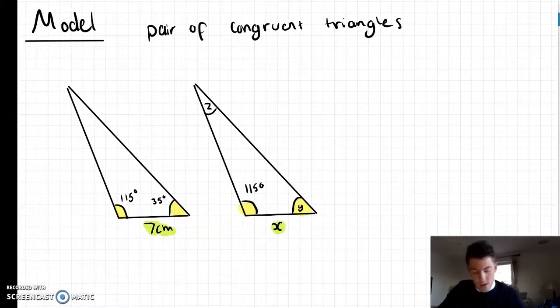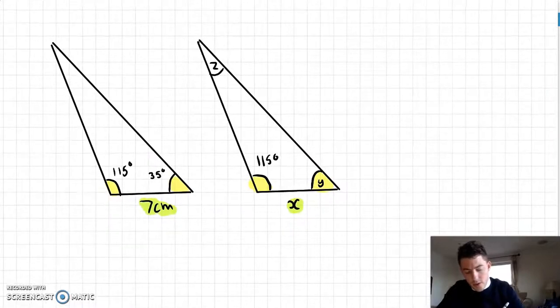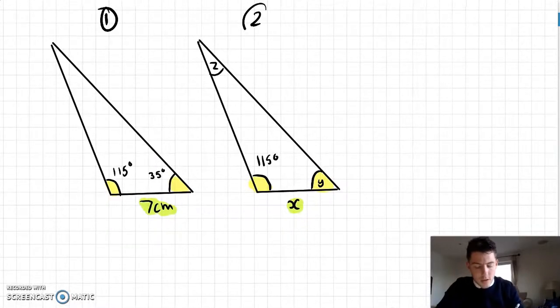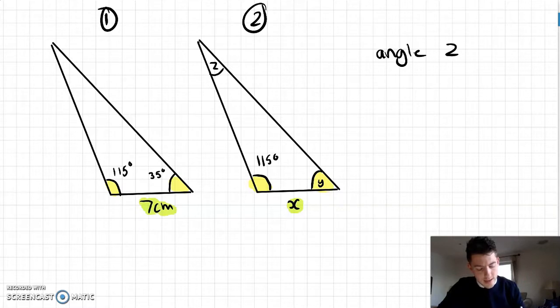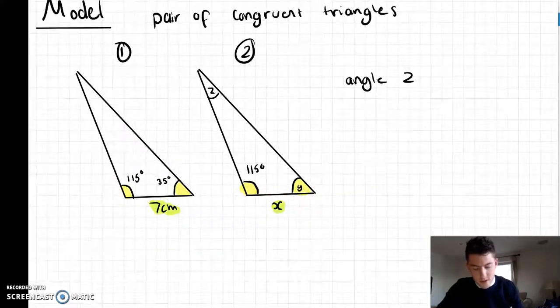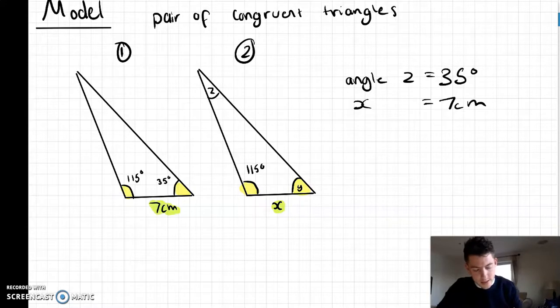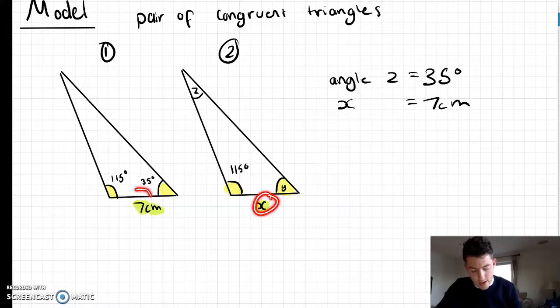So these are a pair of congruent triangles. Everything's identical. So we're looking at triangle 1, triangle 2. In triangle 2, what is angle theta? Well, we can see here 35 and 35. What's x? Well, the length we can see is 7 centimeters. We can see that here and here.